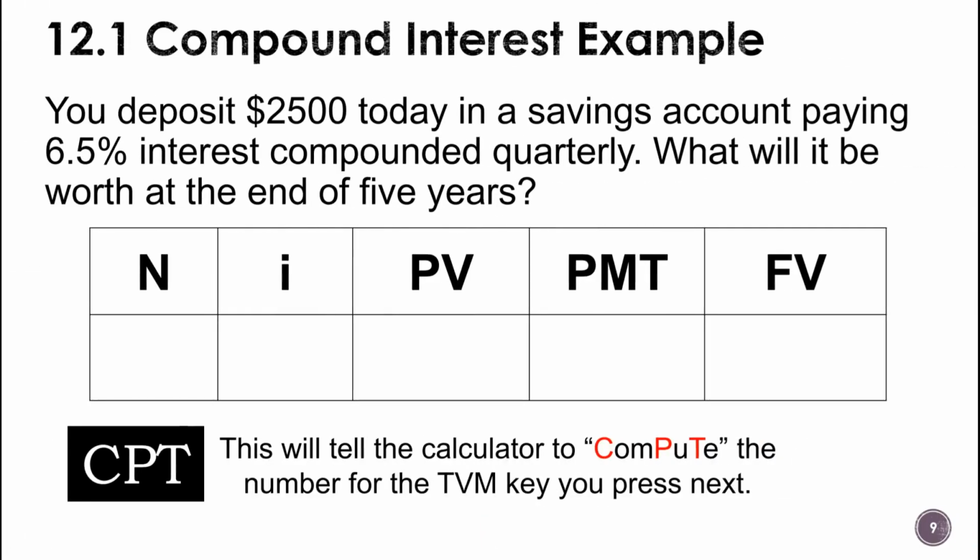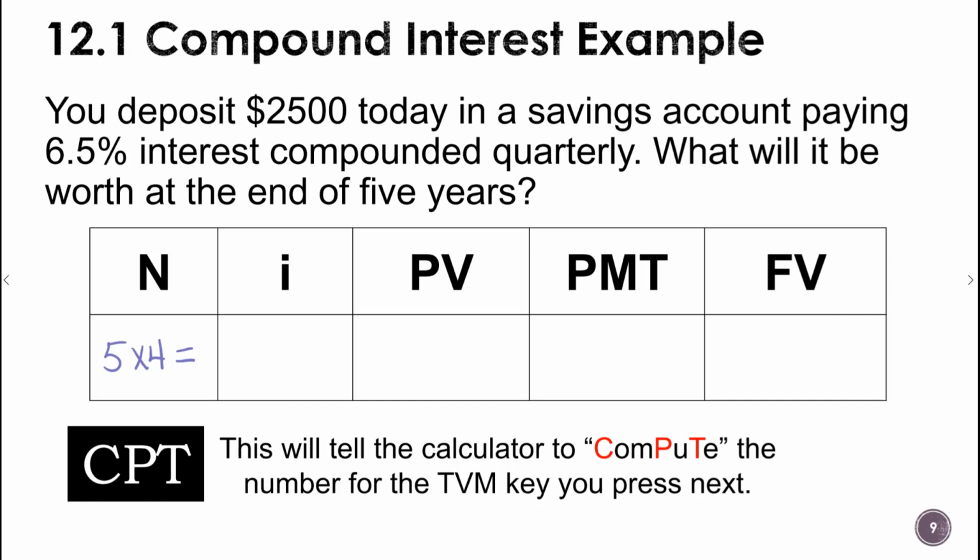Now you're going to see a lot of these charts on the teaching lessons that I have for you because we're going to use these charts to enter our numbers, and then of course we're going to use the calculator to compute. And so when we're putting the numbers in, you will put in 5 times 4 and push your equal key, and once that's on your screen, then you put that in for N. And same thing with your interest rate.